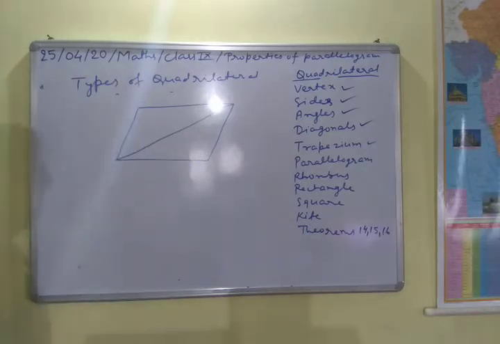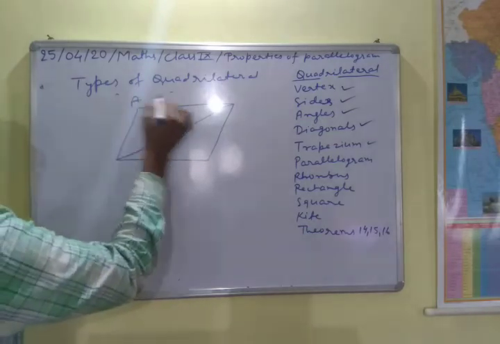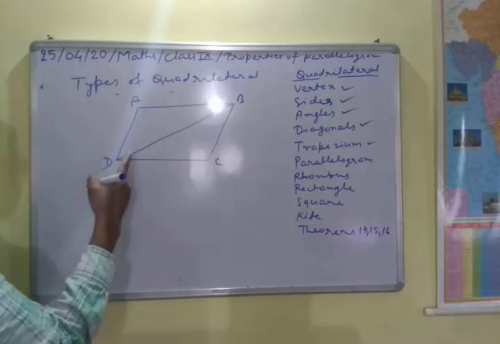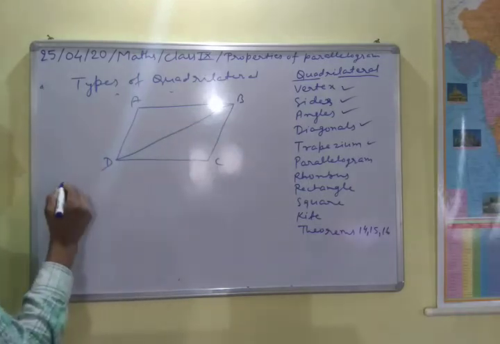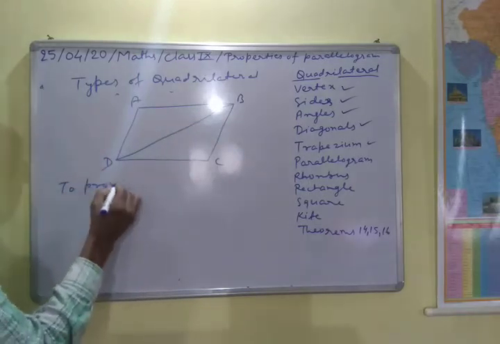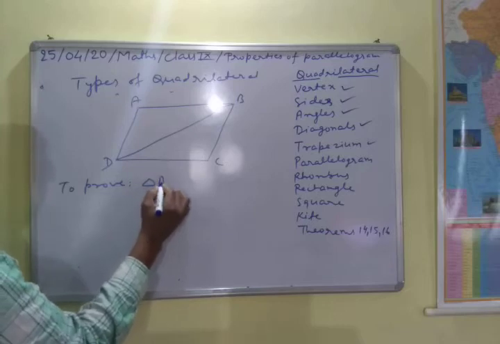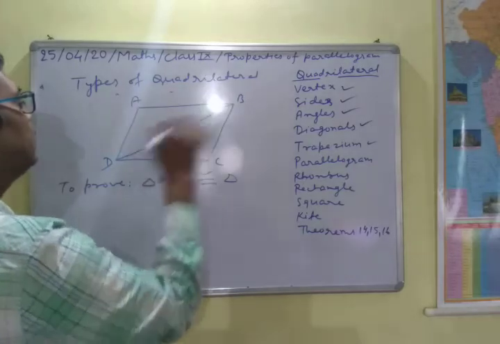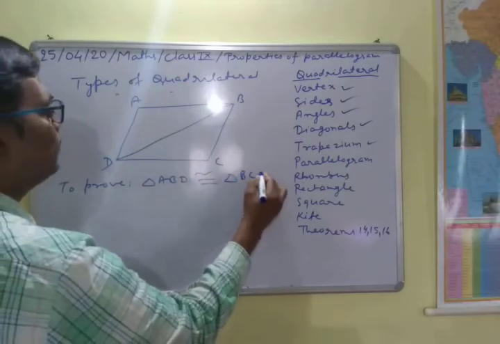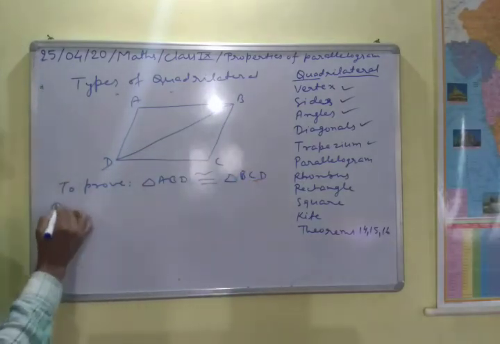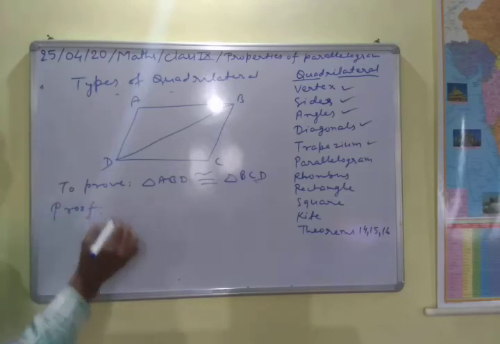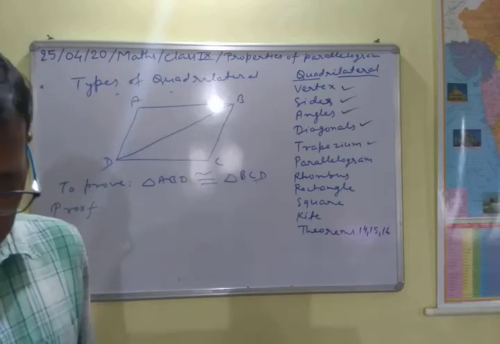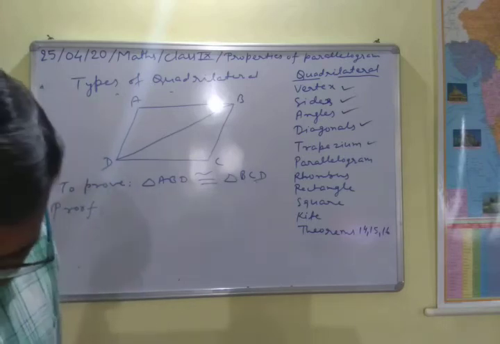So this is the theorem, and we can prove it. That is, BD is the diagonal here, and we have to prove triangle ABD congruent to triangle BCD. That is, this is the property that in a parallelogram a diagonal divides it into two congruent triangles.